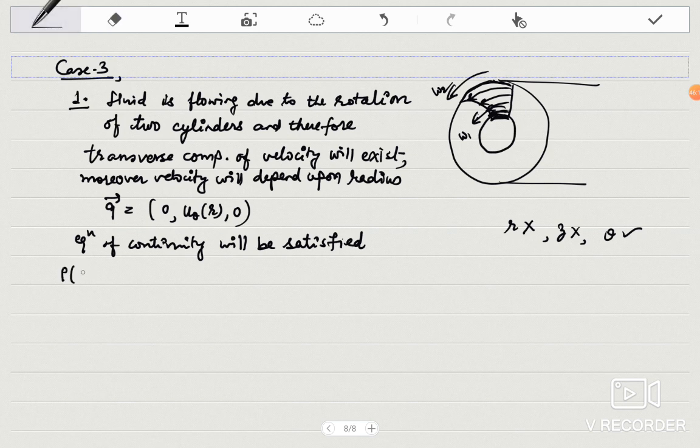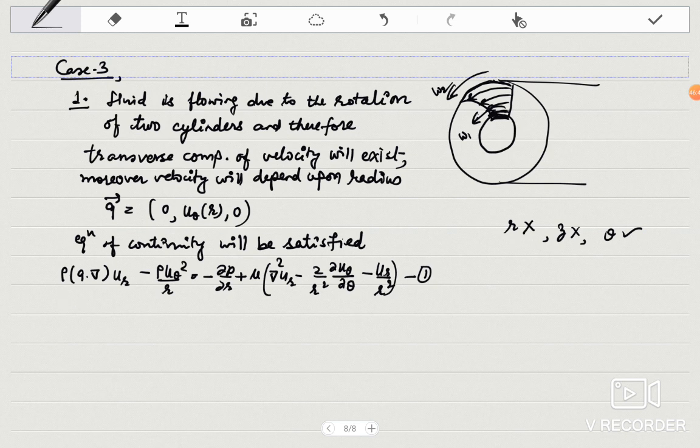Rho q dot delta ur, I am writing for steady flow, minus rho u theta square upon r, equals minus delta p delta r plus mu delta 2 ur minus 2 upon r square delta u theta delta theta minus ur upon r square.